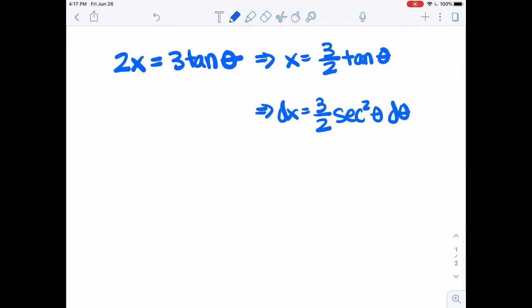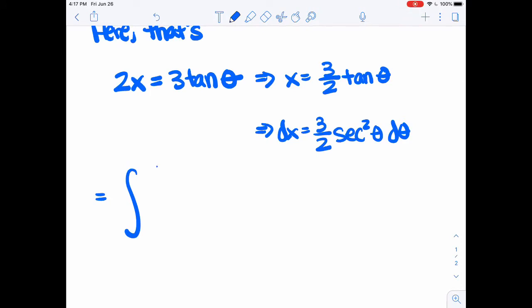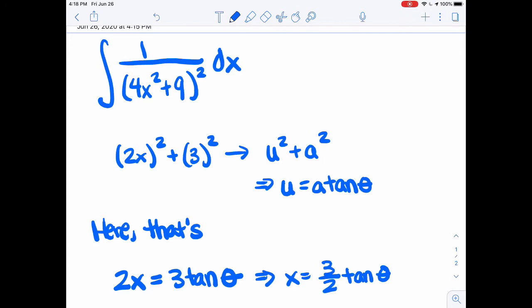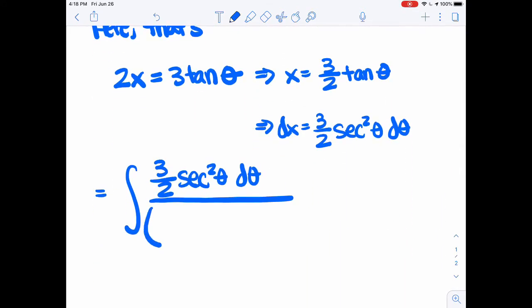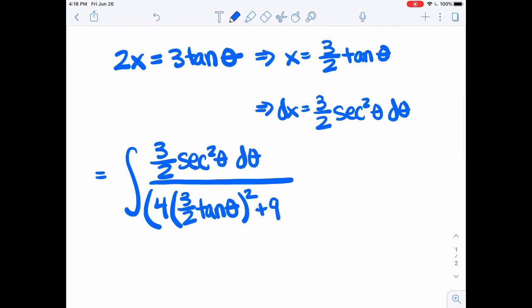So our integral now becomes, let's see, it's a 1. We got the dx, so dx is 3 halves secant squared theta d theta divided by 4x squared plus 9. So we have 4 times our x, which is 3 halves tan theta squared, plus 9, quantity squared.